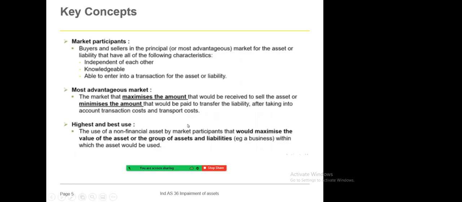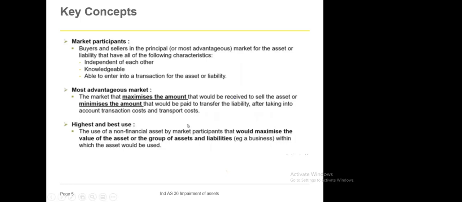They should be knowledgeable of what kind of transaction they are entering into. They are able to enter into a transaction for the asset or the liability. That means they have the willingness to enter into the transaction.